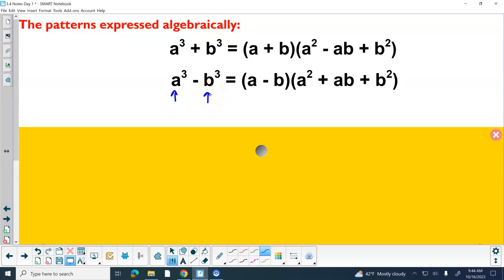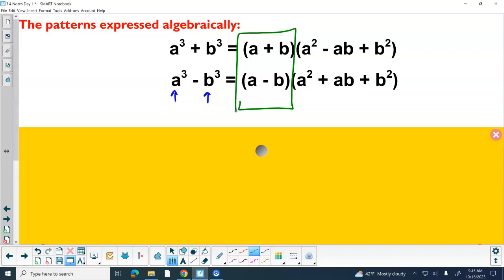That gives me my A and my B. Then my first set of parentheses is just whatever I'm cubing with whatever operation I'm doing and whatever I'm cubing. So I just write it A plus B or A minus B.